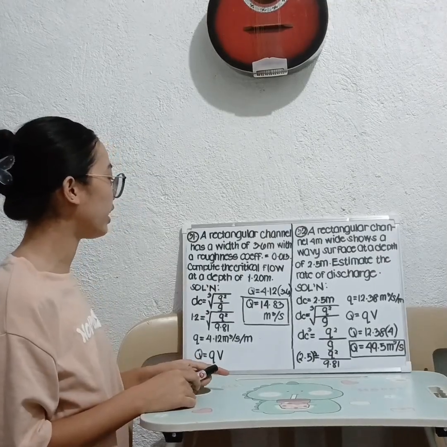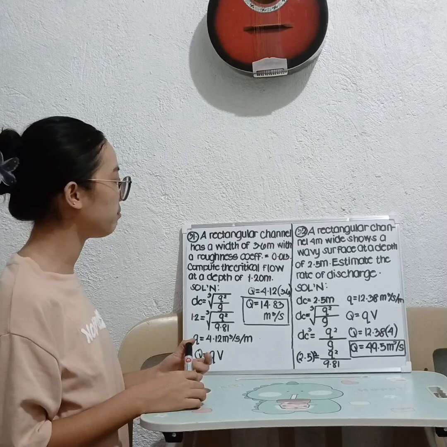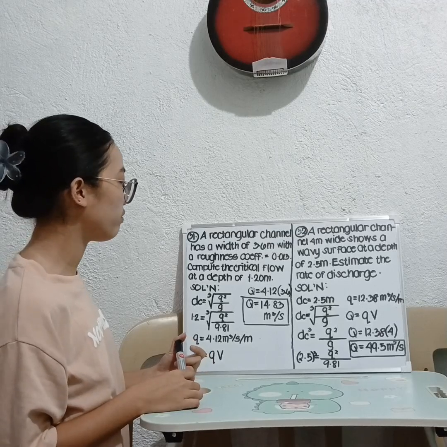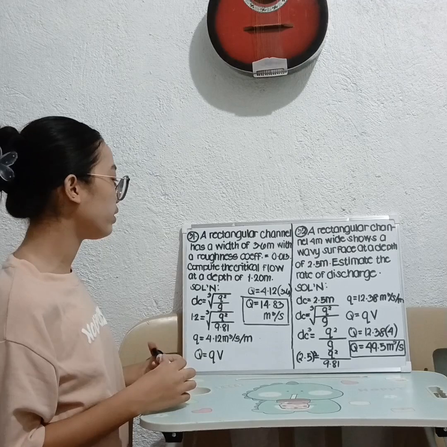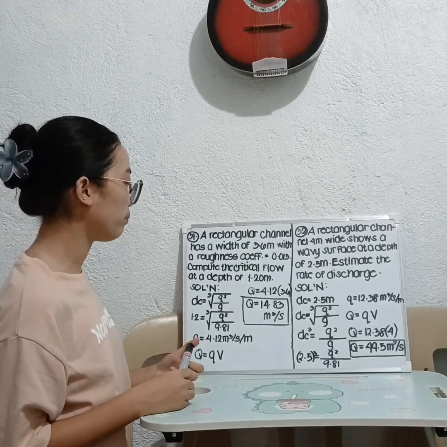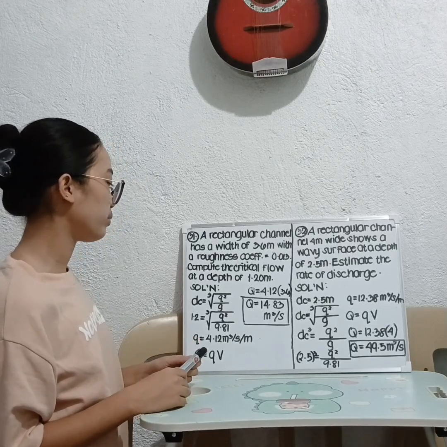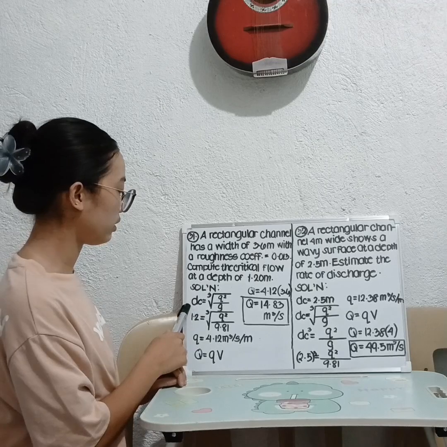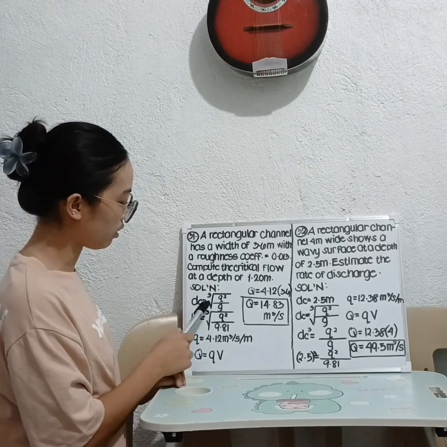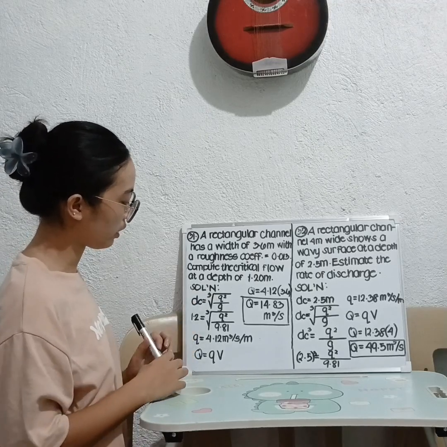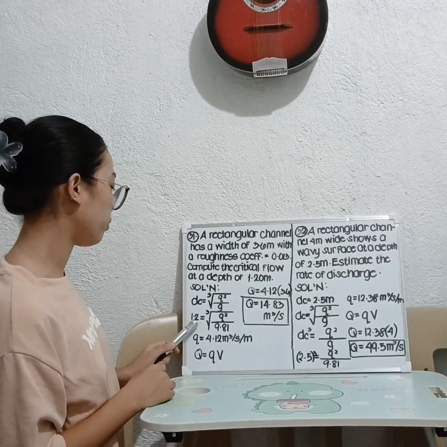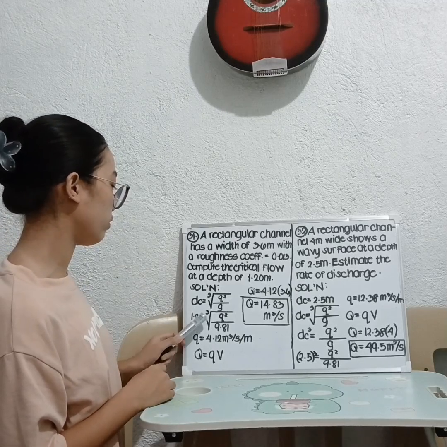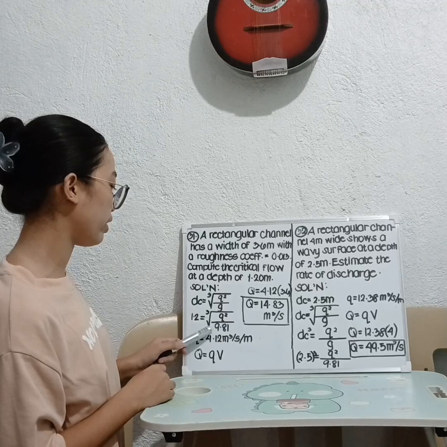A rectangular channel has a width of 3.6 meters with a roughness coefficient of 0.013. Compute the critical flow at a depth of 1.20 meters. So we use the critical depth is equal to cube root of q squared over g. And we have critical depth of 1.2 is equal to cube root of q squared over 9.81.